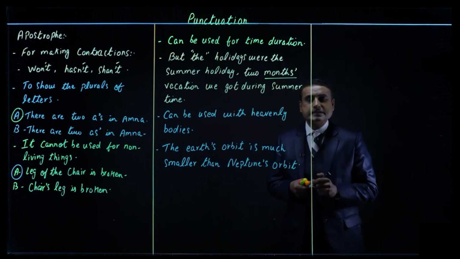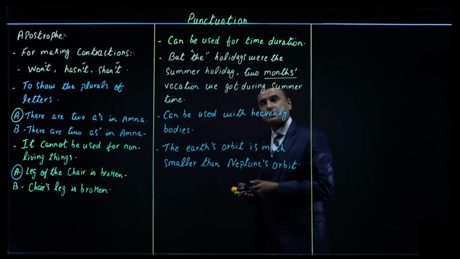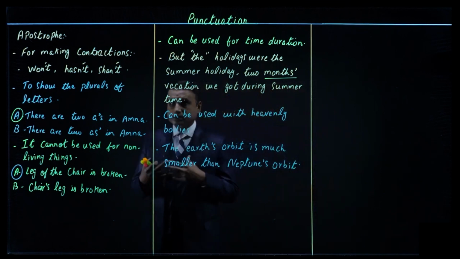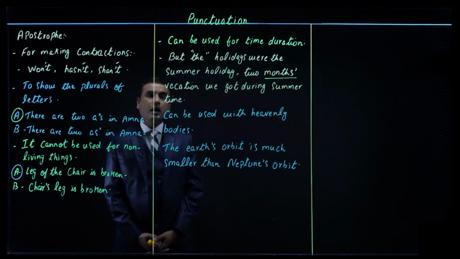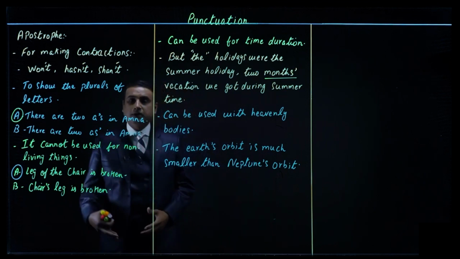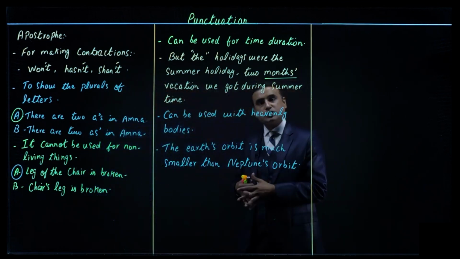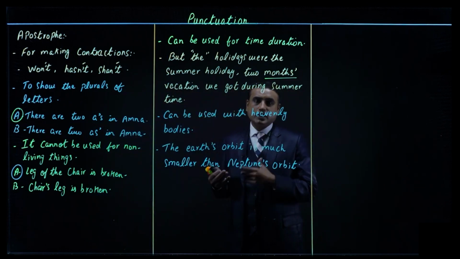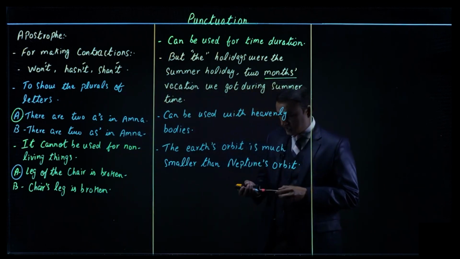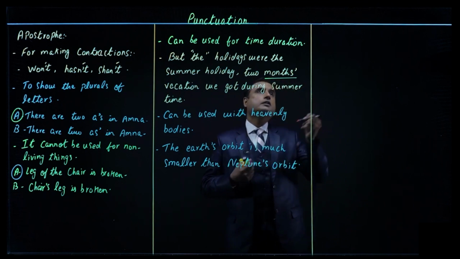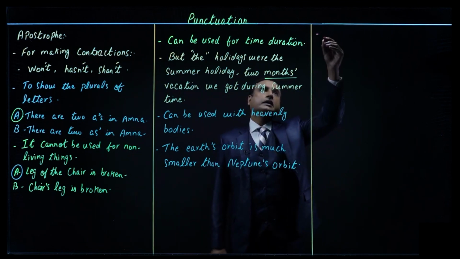Now here you can see that Neptune and Earth, they are equally non-living objects, but we can use apostrophe for heavenly bodies. So these are the exceptions regarding the usage of apostrophe as far as non-living beings are concerned.